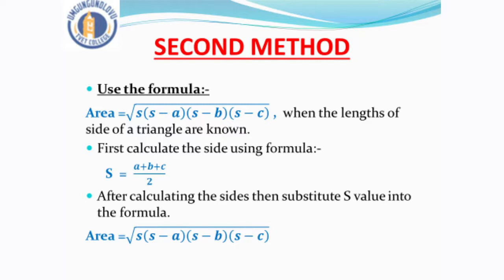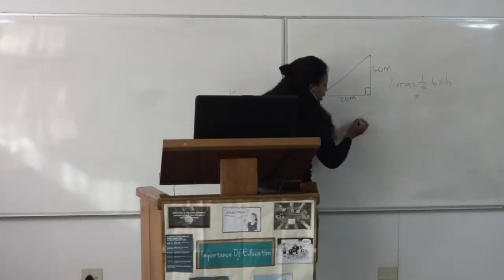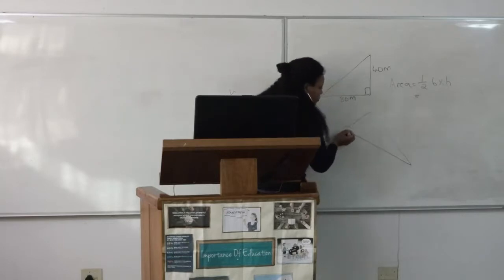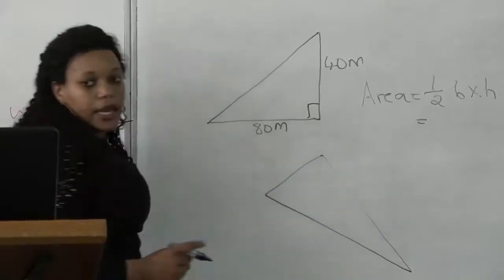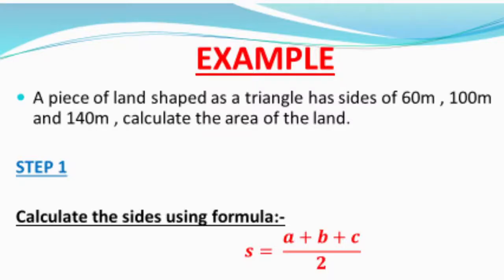Okay, so the first thing that you need to do is to draw your freehand sketch of your triangle. Let us draw here a freehand sketch of the triangle, and let us look at the example here.